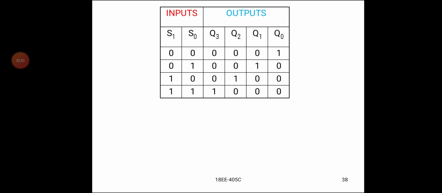The inputs S0 and S1 have 4 combinations: 0 0, 0 1, 1 0 and 1 1. If it is 0 0, it will generate 0 0 0 1. If it is 0 1, it will generate 0 0 1 0. If it is 1 0, it will generate 0 1 0 0. If it is 1 1, it will generate 1 0 0 0.